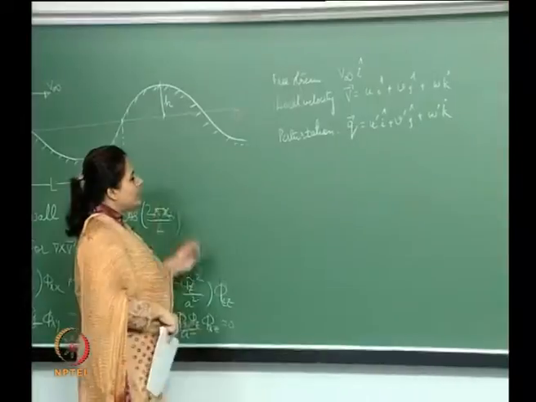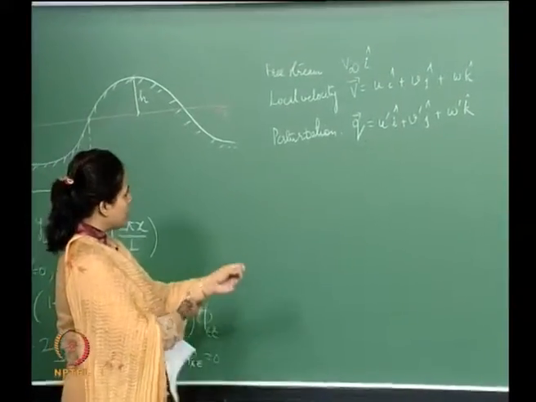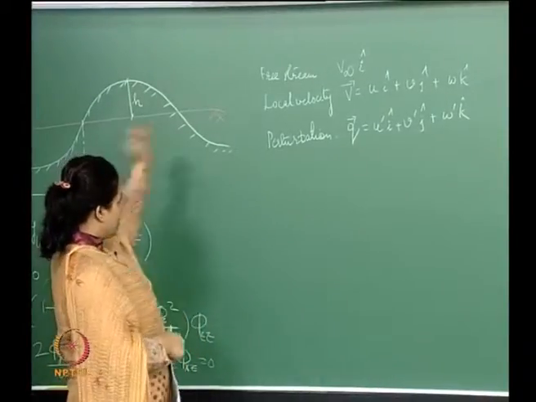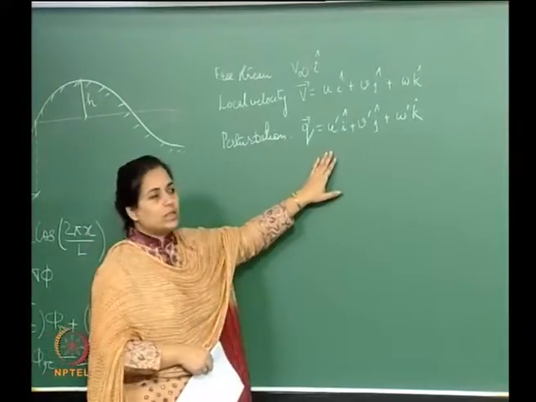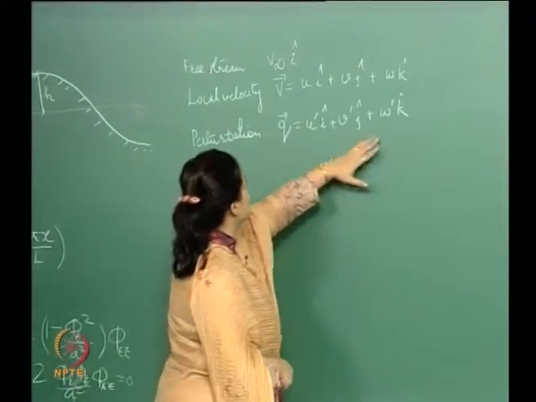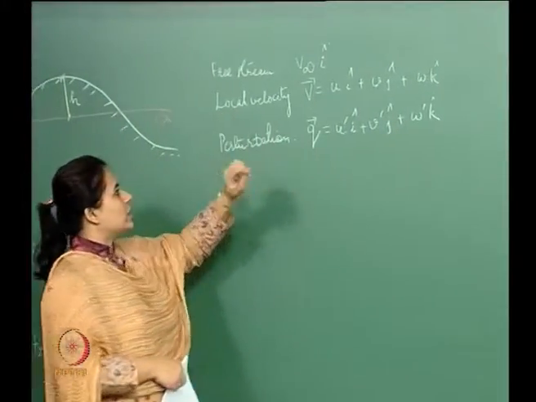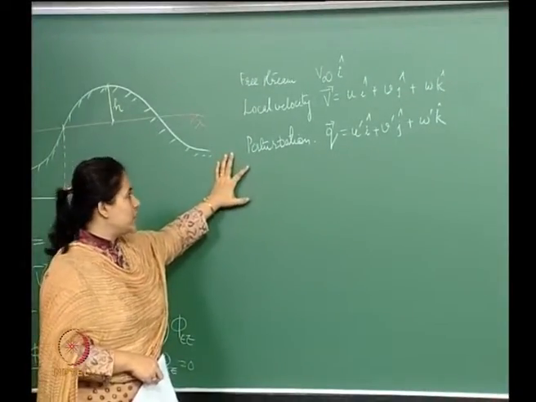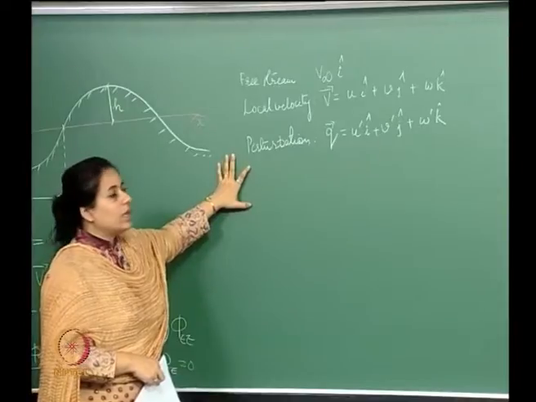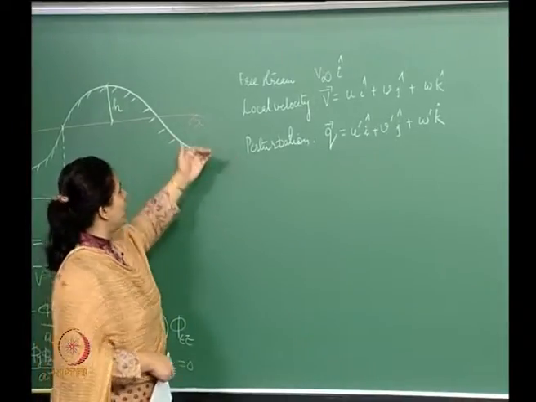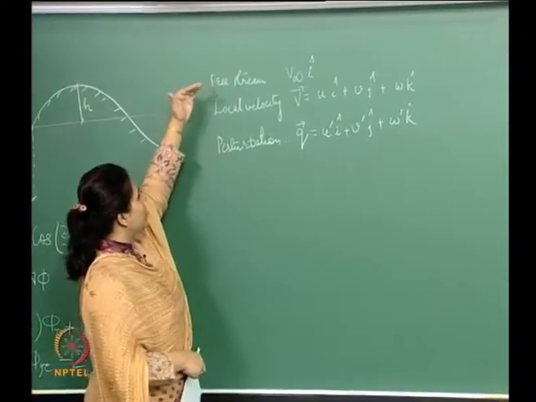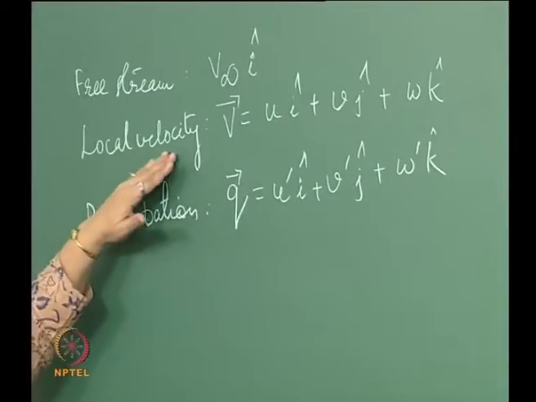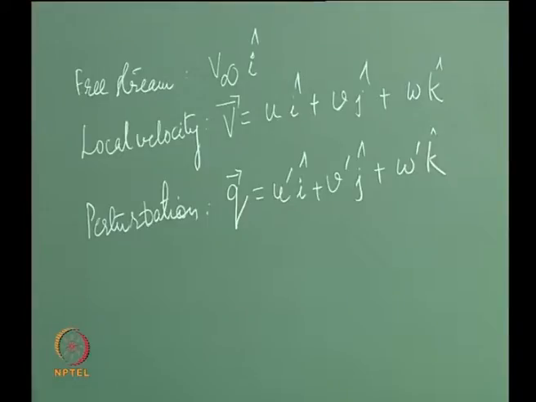So essentially we have a free stream, and we have a perturbation velocity which looks like this, and we have a local velocity of this. What is the connection between these, if we consider perturbation theory as we talked about earlier? The free stream is perturbed by this velocity to get the current local velocity.